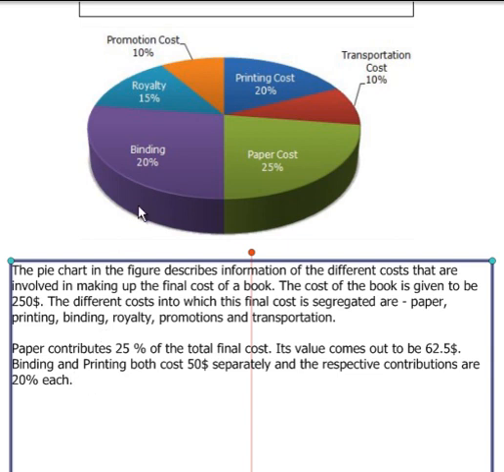So we've given information on three big headings: binding, printing, and paper. Now we're left with royalty, promotion, and transportation, which we'll mention right now.